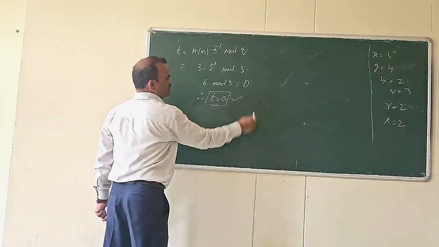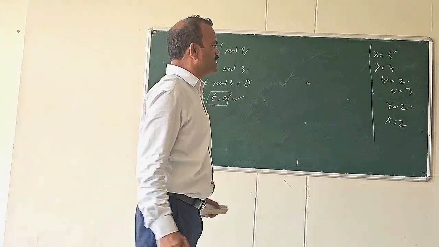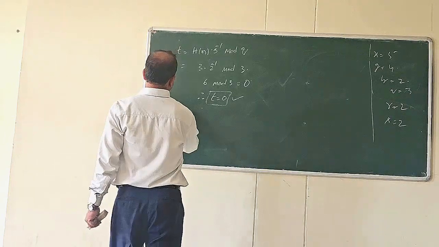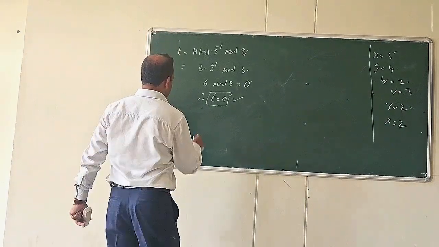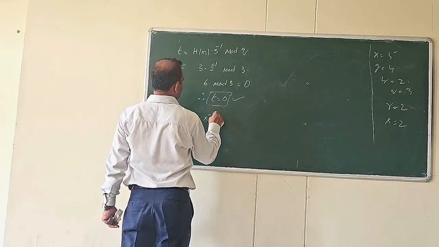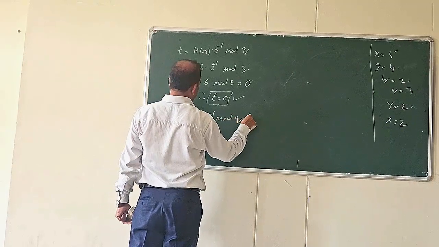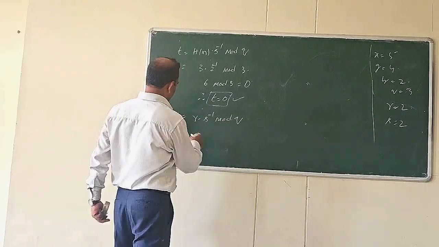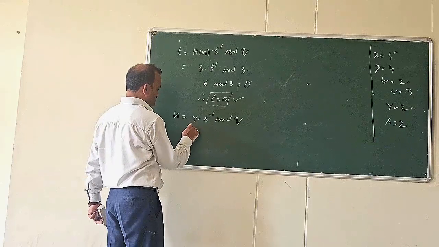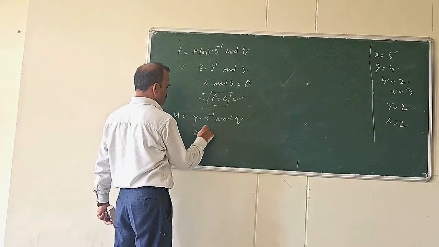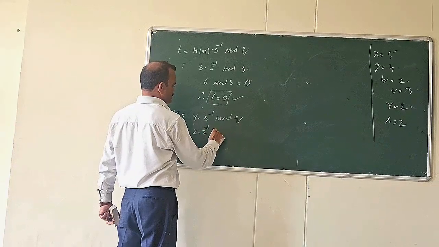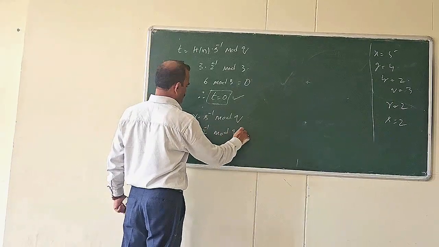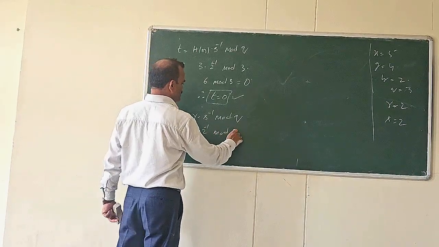One more parameter, that is u. Now you calculate the value of u: r into s inverse mod q. r we calculated earlier, r equals 2, and s is 2 inverse mod q. Again the q value is 3.